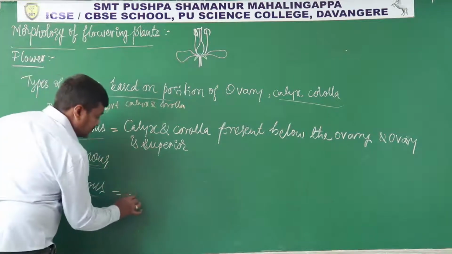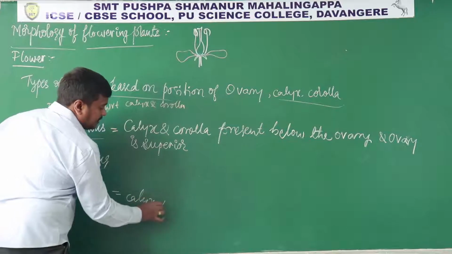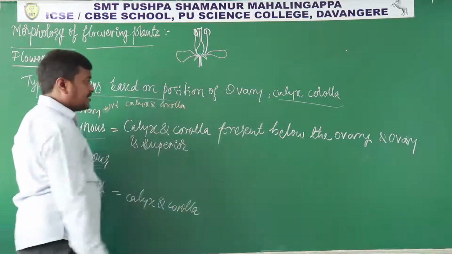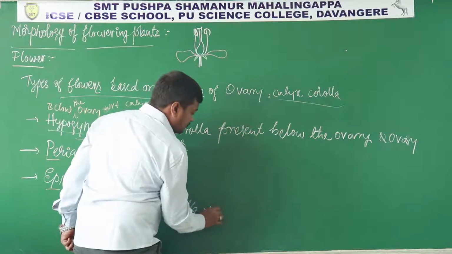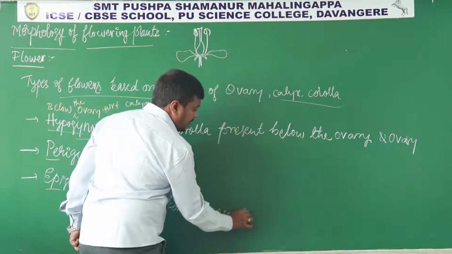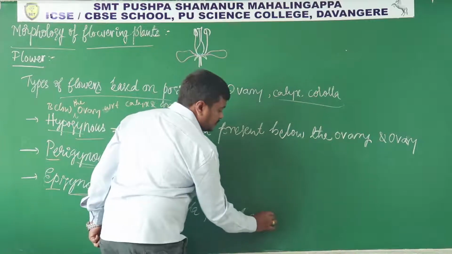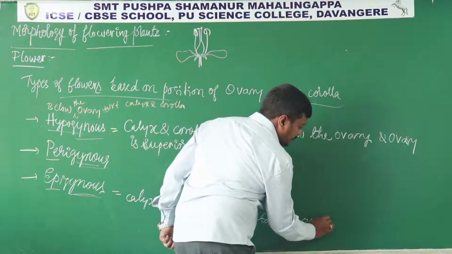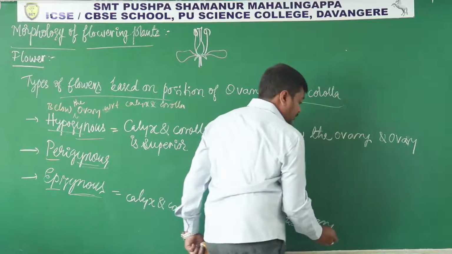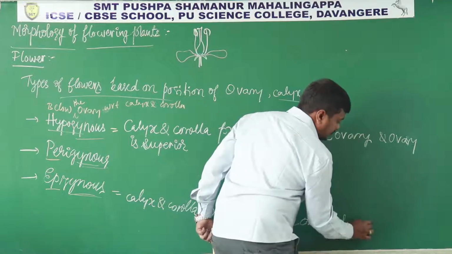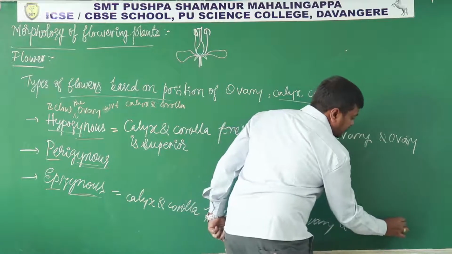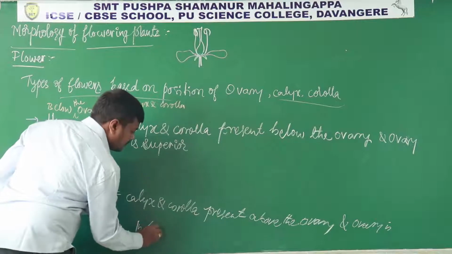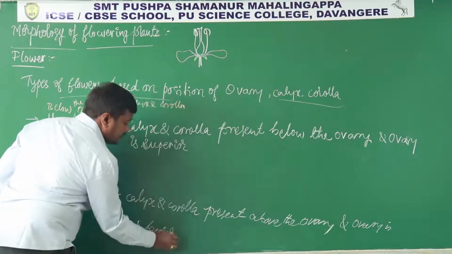So here calyx and corolla are present above the ovary, and the ovary is inferior.